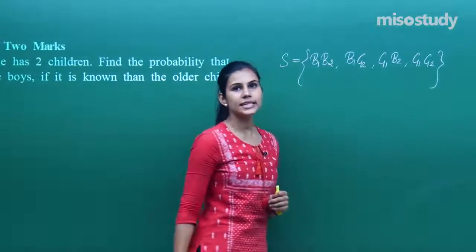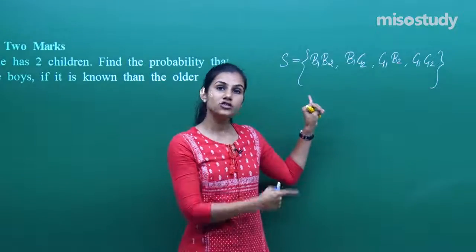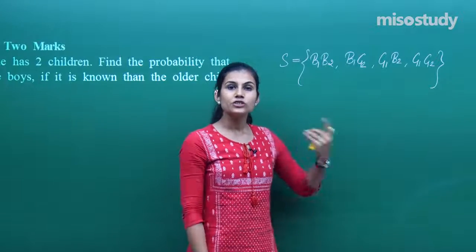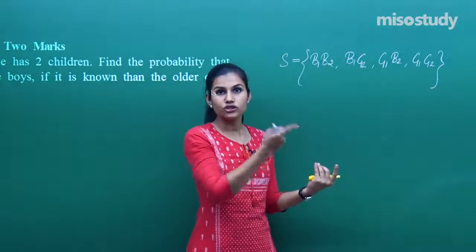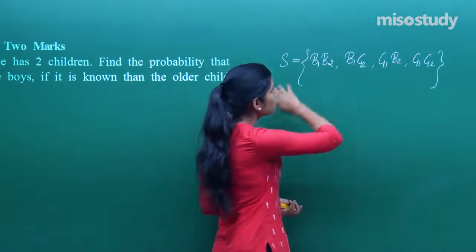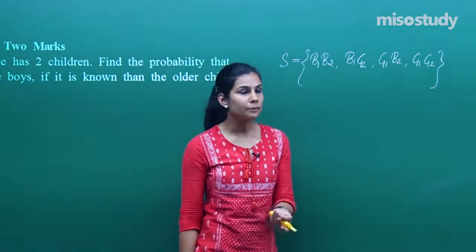You know in what sense I have written B1, B2, G1, G2. B1 means first child is a boy, G2 means second child is a girl, B2 means second child is a boy, G1 means first child is a girl. This is the sample space corresponding to 2 children being born to a couple.